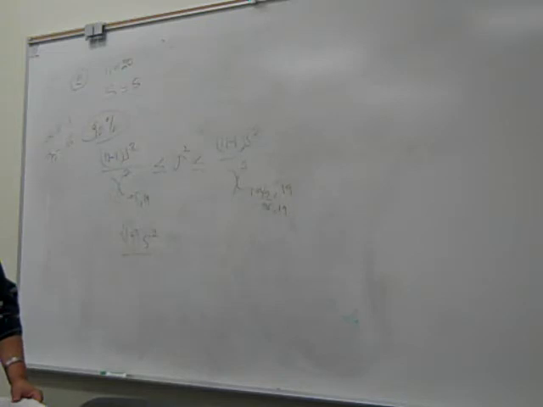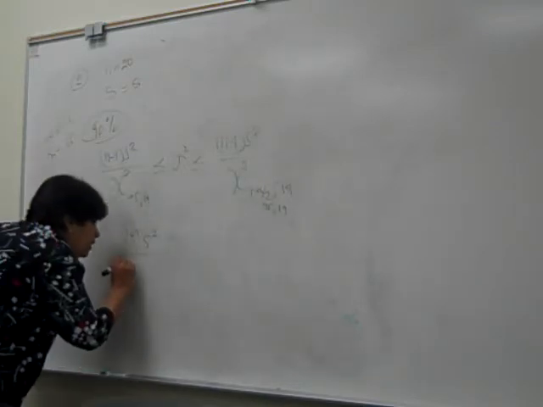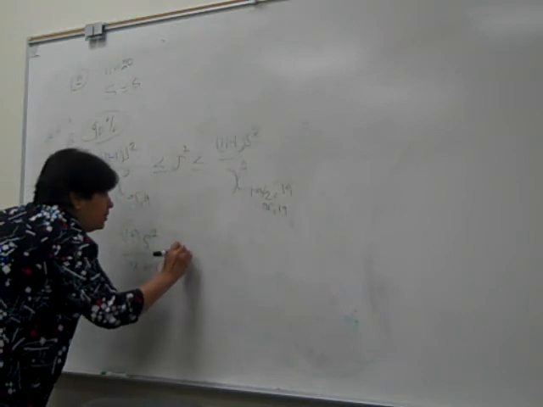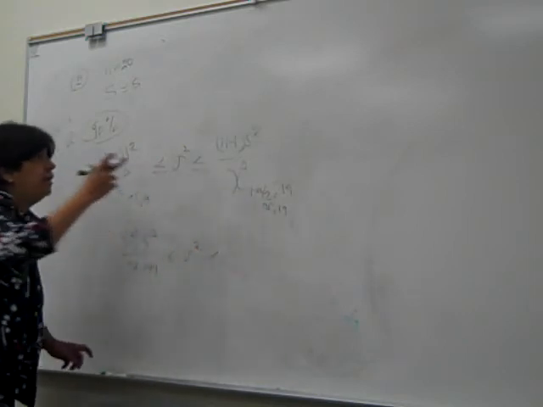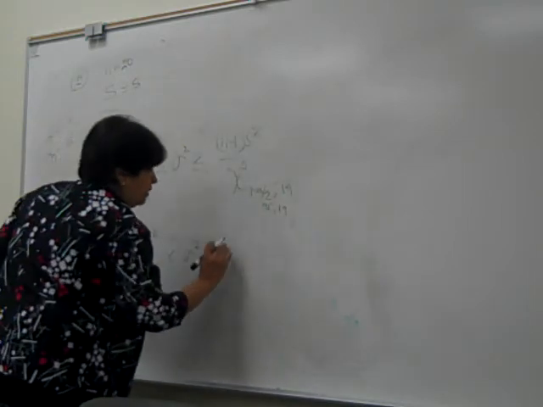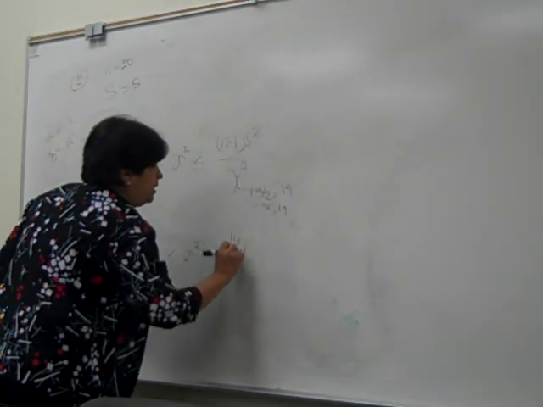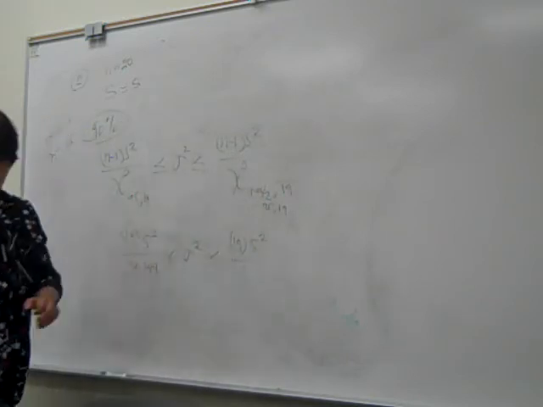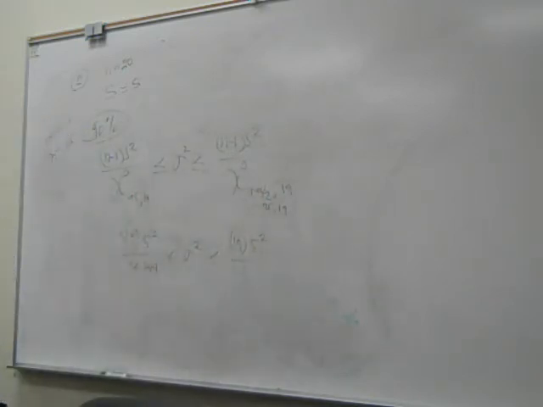And that is 30.144. So divided by 30.144 is less than or equal to sigma squared, less than or equal to n minus 1, 19 times s squared, 5 squared, divided by chi-square of what? 0.95.